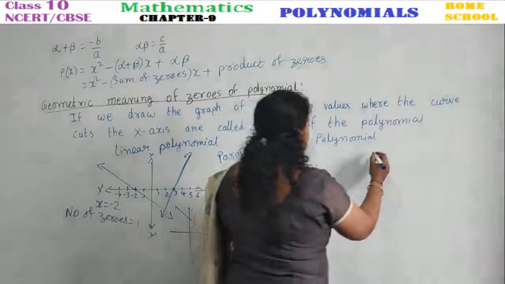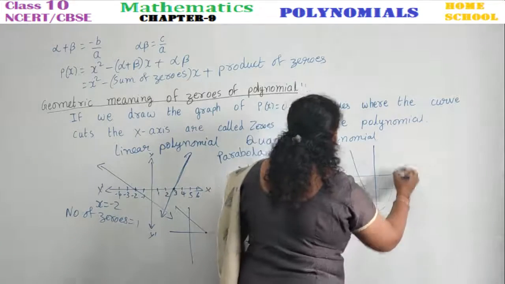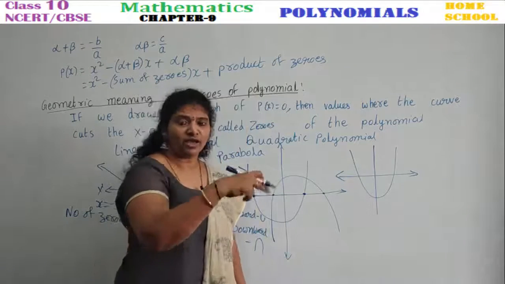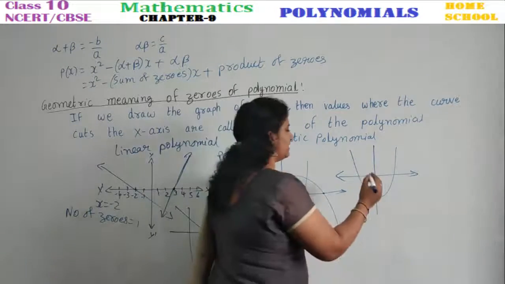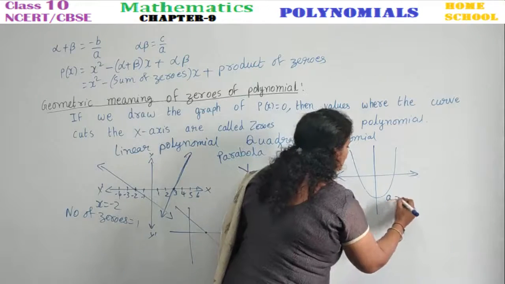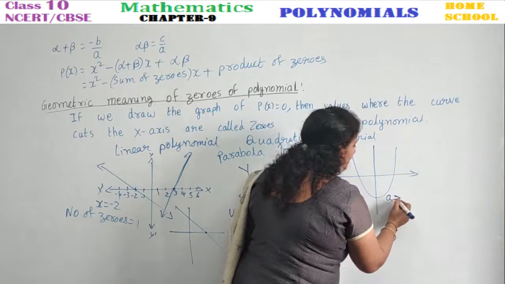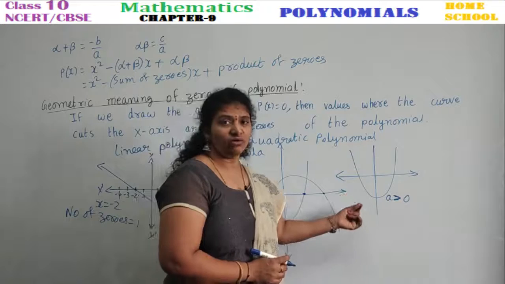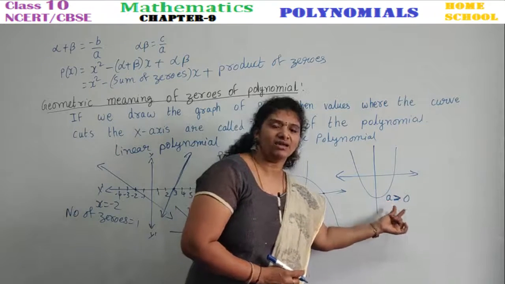So, now let us take one parabola like this. The parabola is upward. Upward means immediately I can say that your coefficient a value will be greater than 0. What is the a value? In your quadratic polynomial, the a value must be greater than 0.